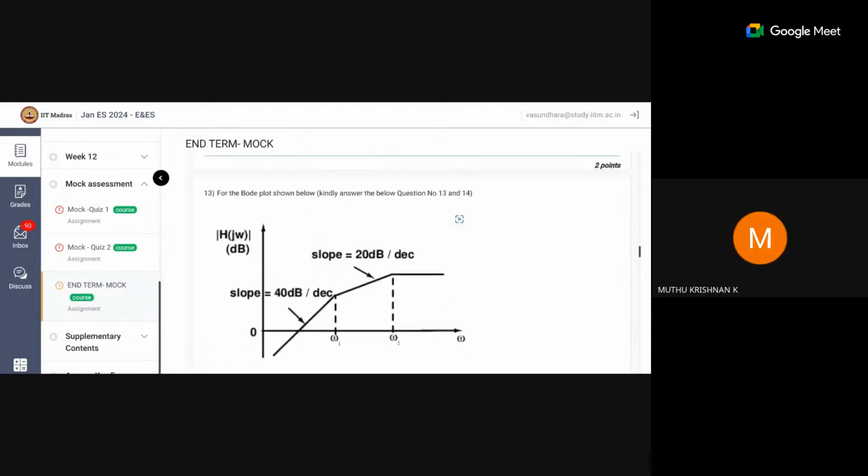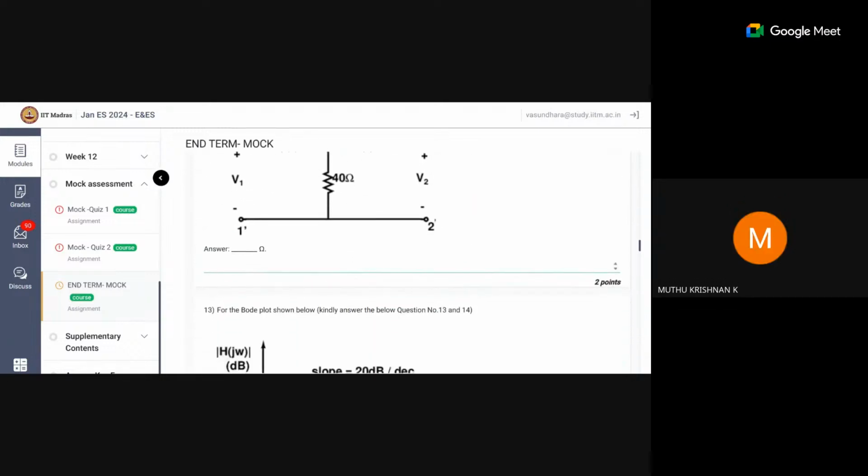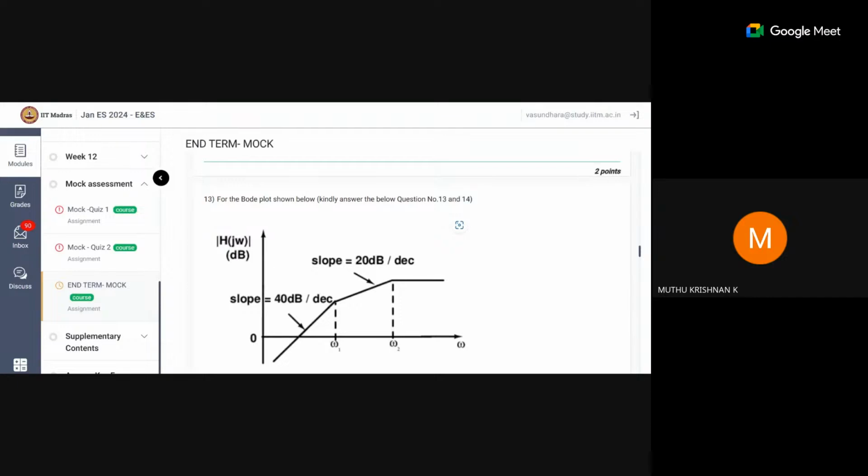Yes, ma'am. Then how to find the k value, ma'am? You are not asked any k value, right? K value is not needed for finding the corner frequency, correct? K only decides whether the curve is shifted upwards or downwards. Same corner frequency will be there even when you have a change in k.